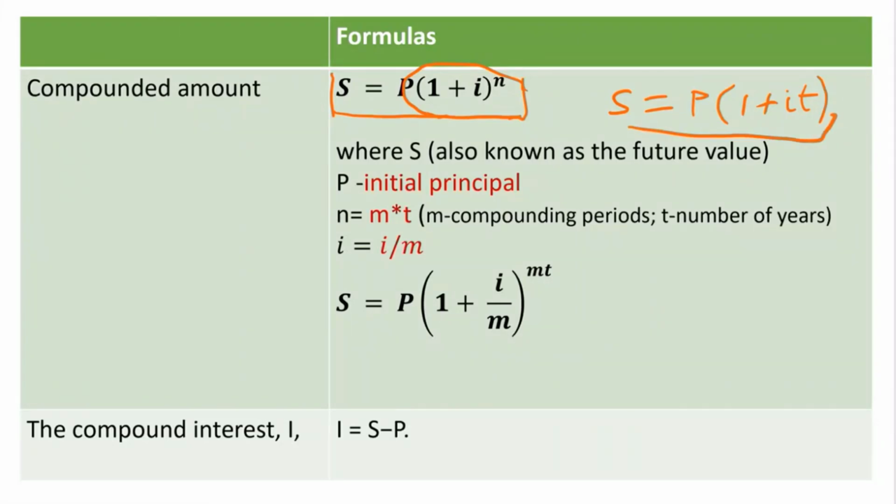I'm doing the comparison. S in this formula is the future value, and P is the initial principal, that means the present value.